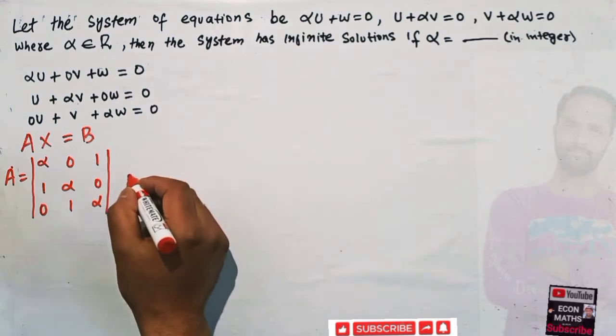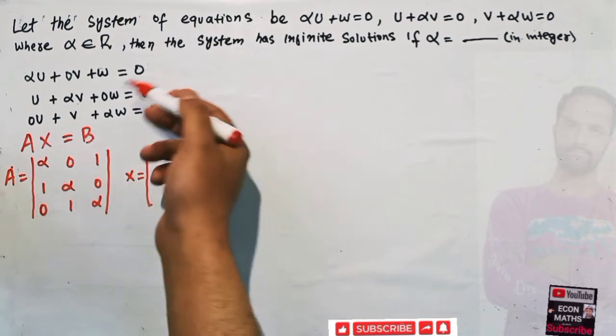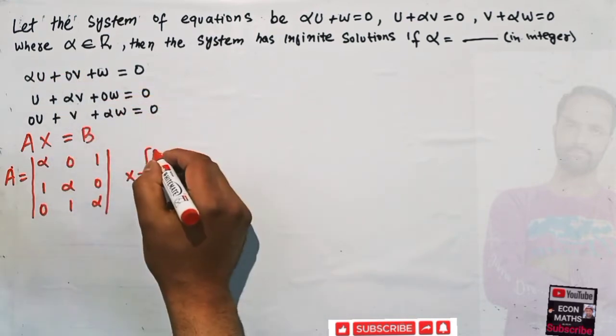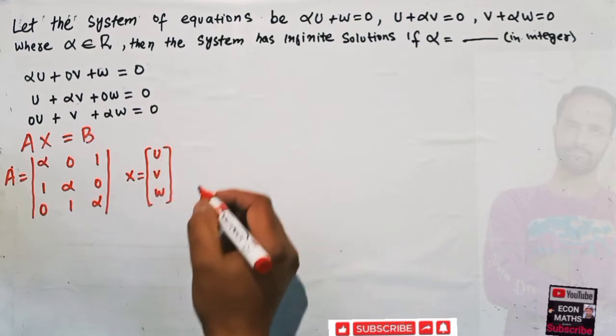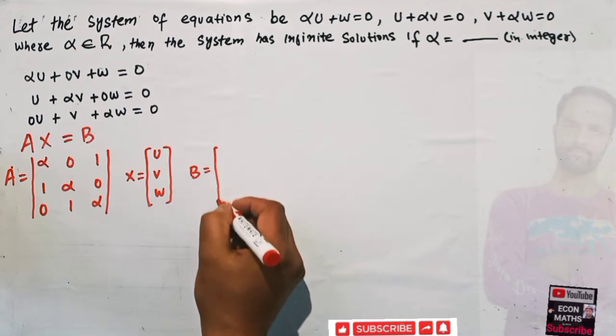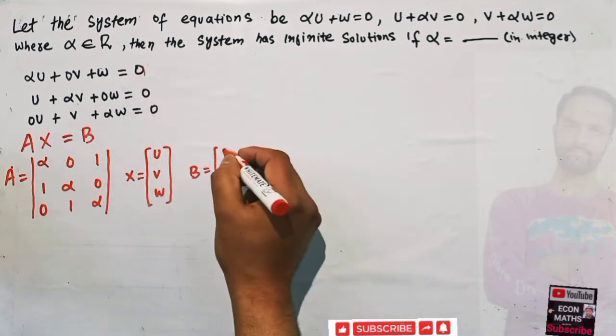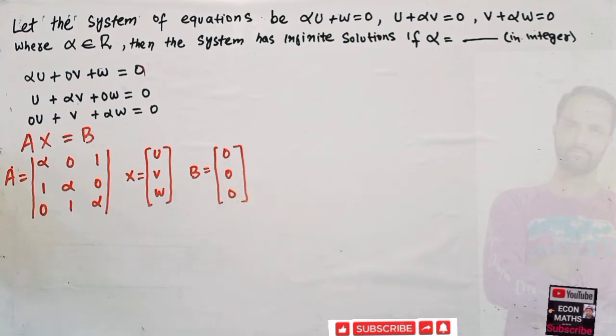And what is our x? X is the solution vector. That means we need to find u, v, w. And our b is the vector of constant terms. Here we have 0, 0, 0. So the first thing is to write the system of equations in matrix form.